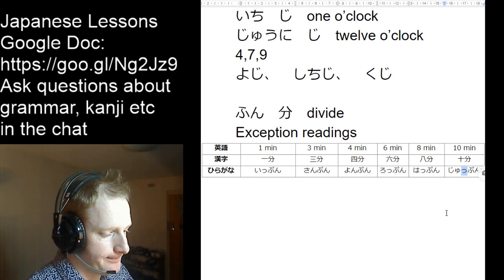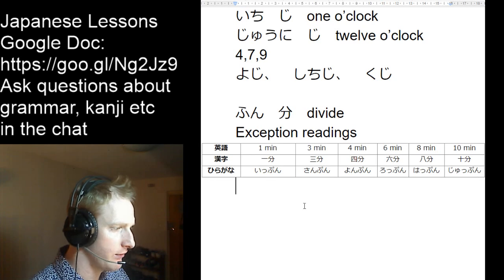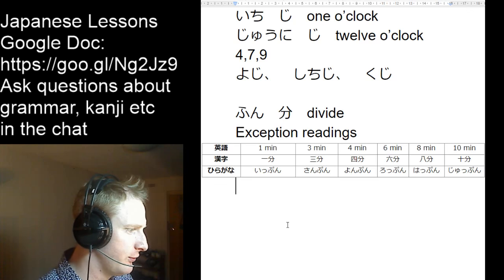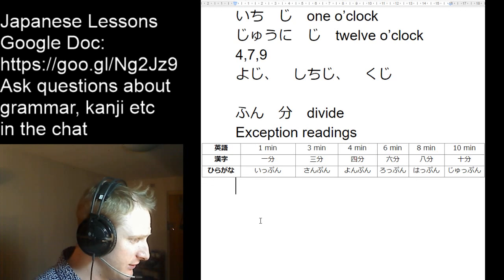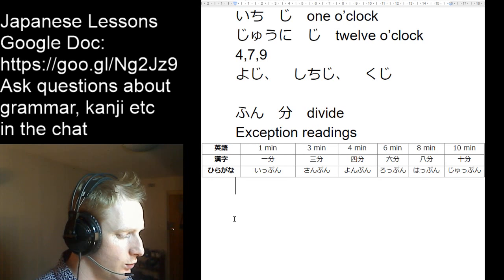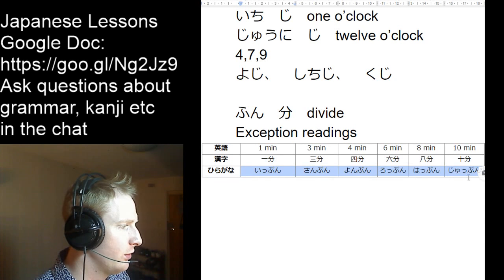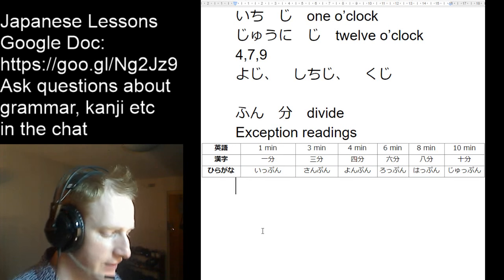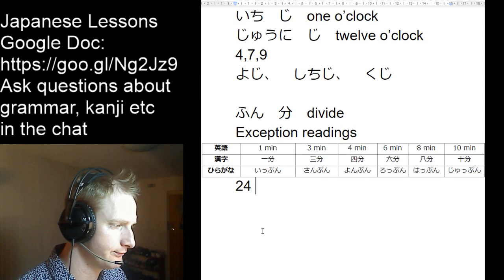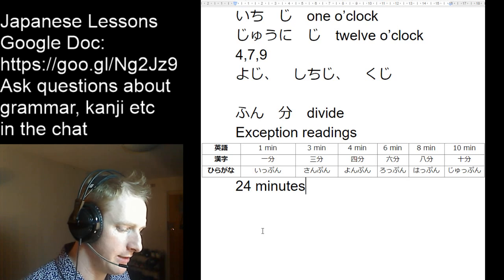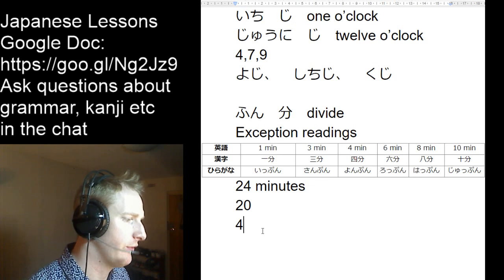Alright, so how do we go above 10 minutes? Well, we basically use the normal pronunciation for the higher part, so the left-hand part of the number, and then we use the same readings for the right side of the number. So for example, if we take 24 minutes, the higher part of the number here is 20, the lower part of the number is 4.